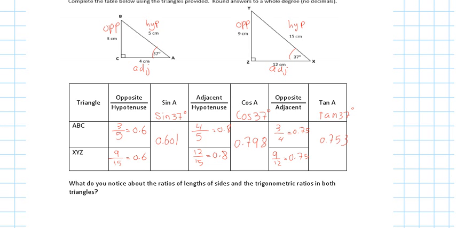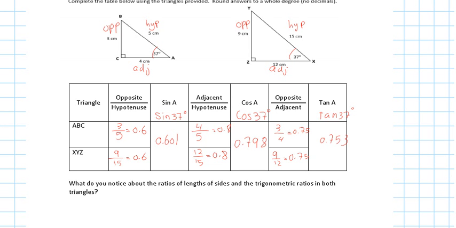They're the same triangle. They're similar triangles, right? What did you notice when you did the opposite over the hypotenuse for both triangles? It turns out to be the same, right? And the reason for that is because I have the same angle. I have both angle 37.